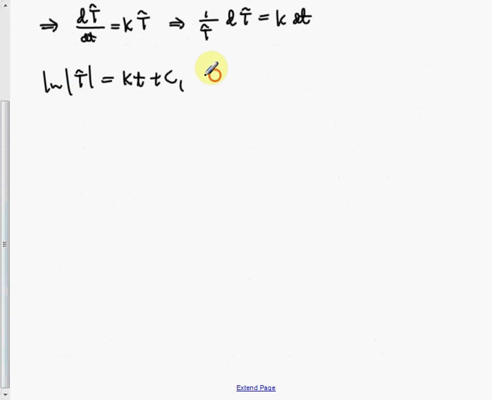Here we exponentiate both sides, and so e to the natural log of T hat just becomes T hat, equal to e to the kt plus c sub 1. And so T hat is equal to a constant C times e to the kt, where C is equal to e to the c sub 1.